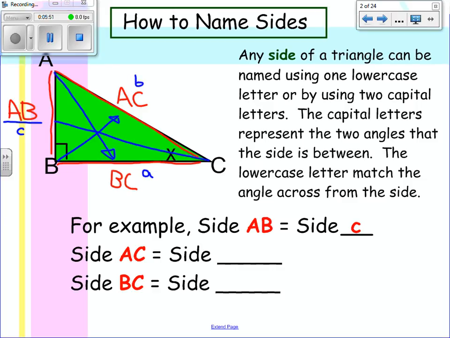The side opposite the angle, you just call it the lowercase letter of that angle. That's the most common way, in my opinion. With the little a's, little c's, little b's, all the little letters, that's more common. So if you were to fill out this thing, side AC is little b, and side BC is little a.